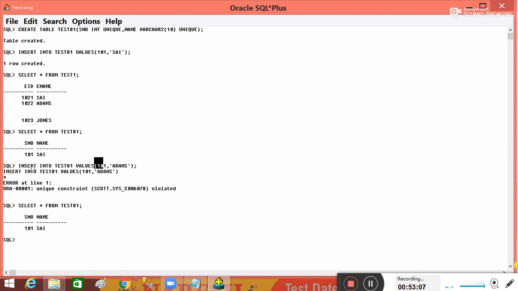Okay, fine. Now the next one: suppose I'm inserting values 102, and now I'm inserting Sai. But guys, Sai already exists in your name column, and the name column also has a unique constraint applied. So that means the name column is also not allowing duplicate data. But here I'm inserting duplicate data Sai.